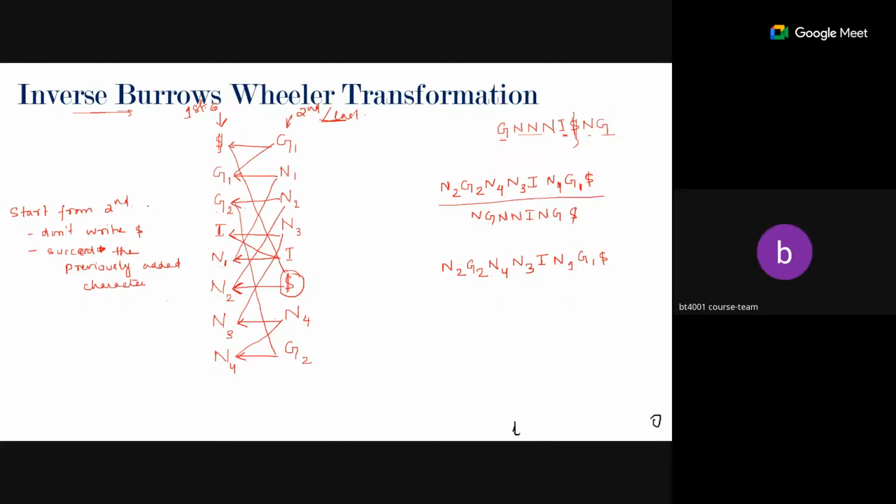If you are starting from the second column, this is what you do. But if you are starting from the first column, go right to left and start by writing the dollar.